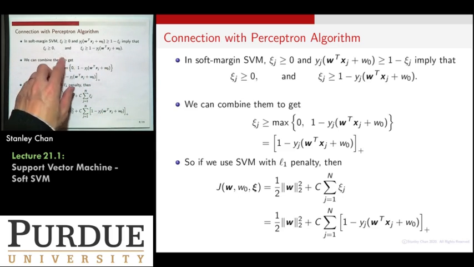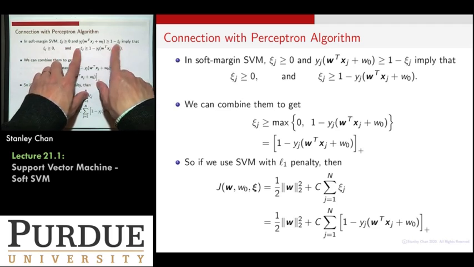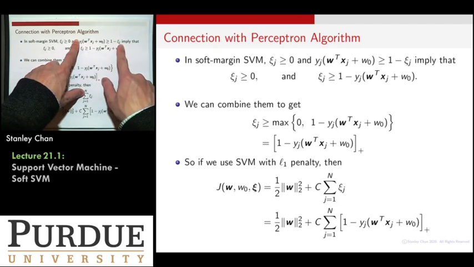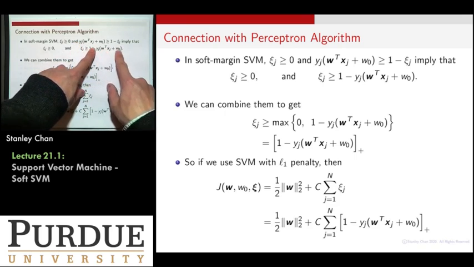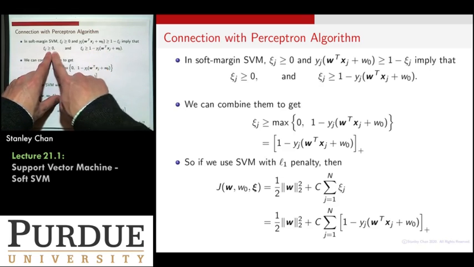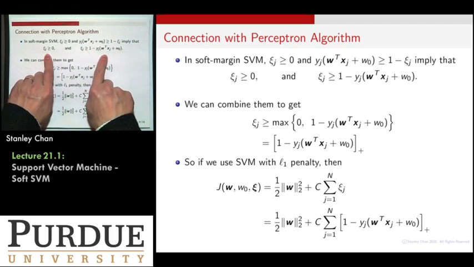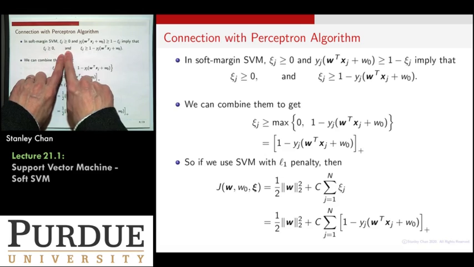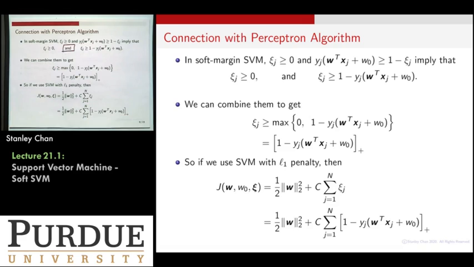So let's look at the soft margin support vector machine case. You have a pair of constraints like this. If you write them out and rearrange the terms, then this constraint can be written as psi j is bigger than 1 minus the discriminant function on the right-hand side. So now you have a pair of conditions, and they are related by an 'and'.